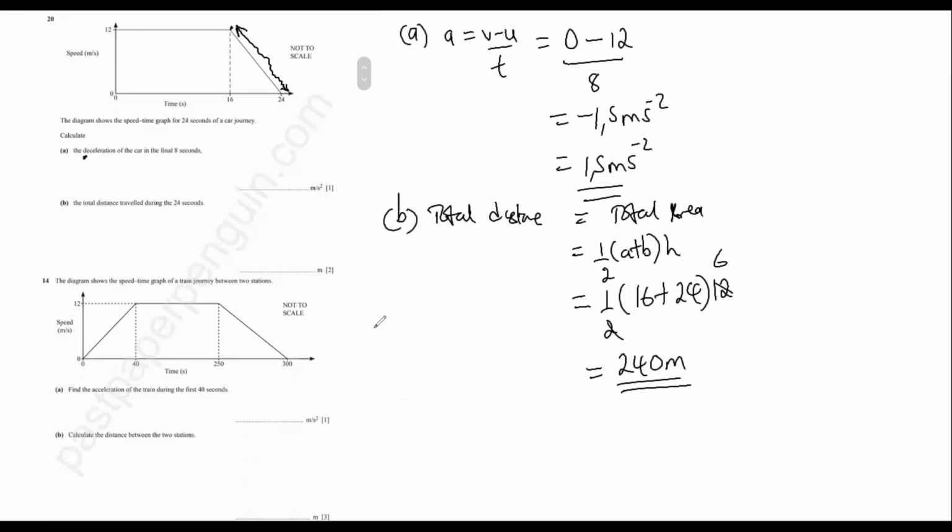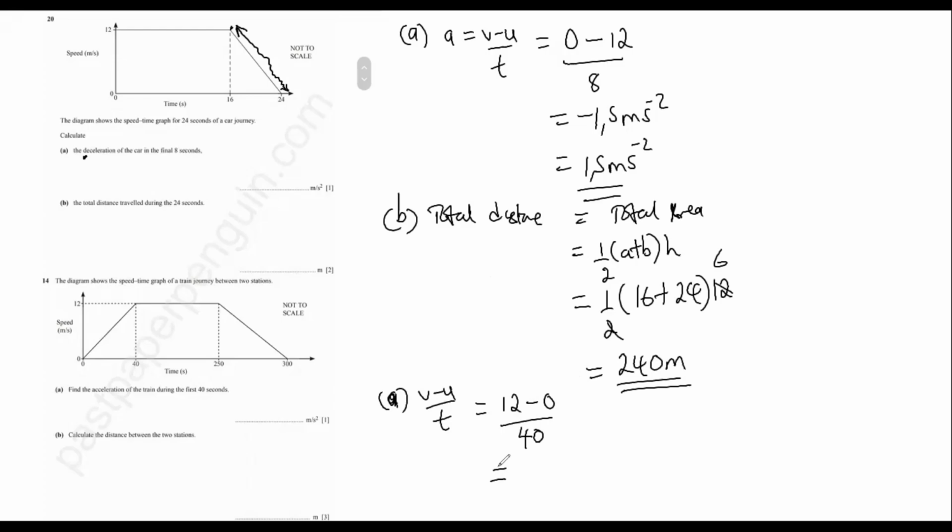So we're going to find our final velocity, which is 12, minus the initial, 0, divided by the time, over the time is 40 seconds. So what do you get?